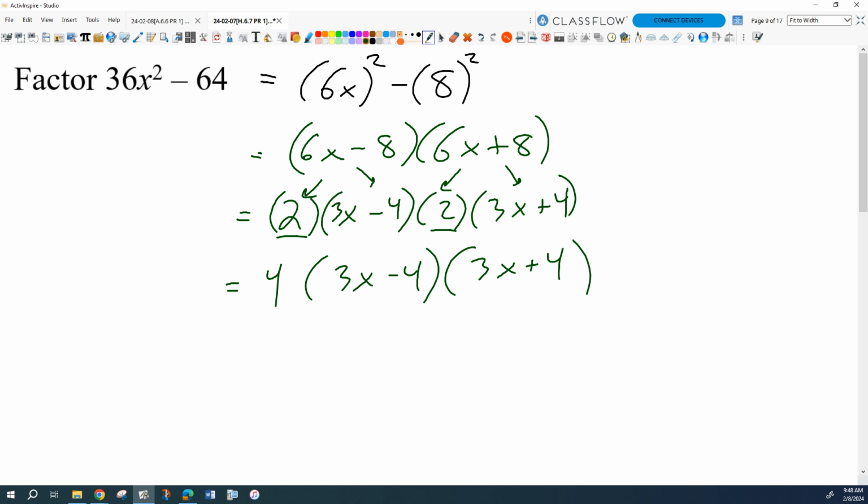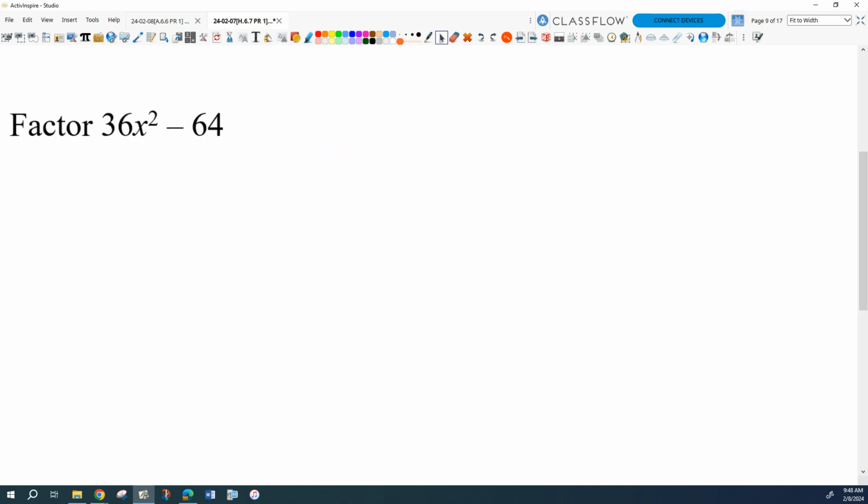Okay, all that was unnecessary. How come? What did we do wrong? Didn't take out 4. Yeah, at the very beginning, what we should have done, what's our first step? Always when we factor, find the GCF. What's the biggest number that divides into 36 and 64? 4. Yep.